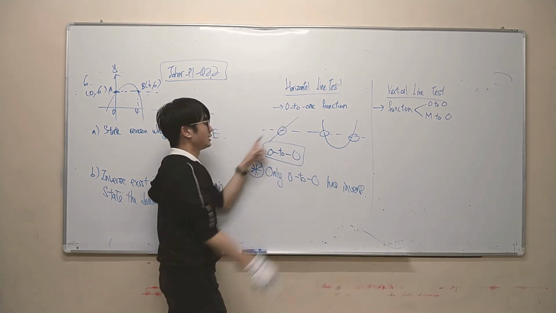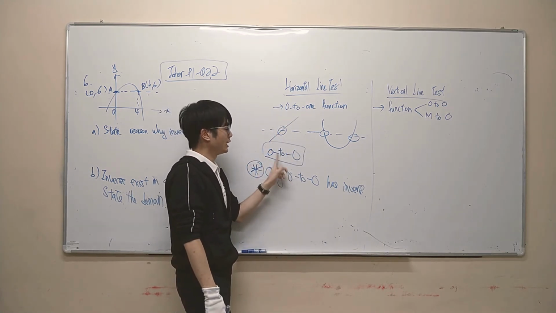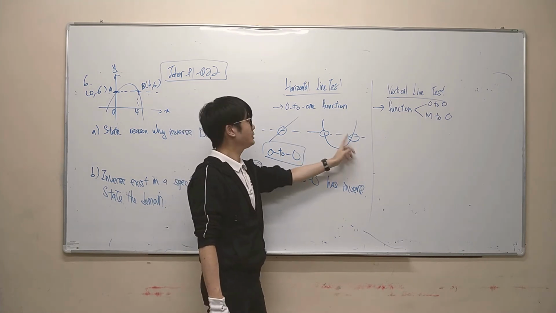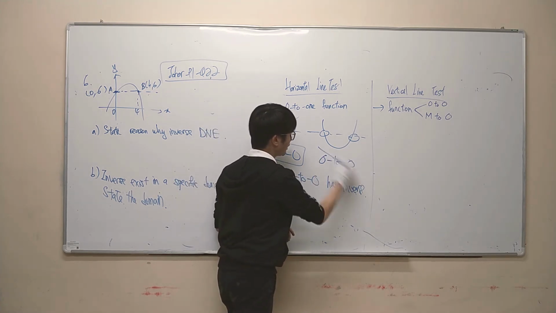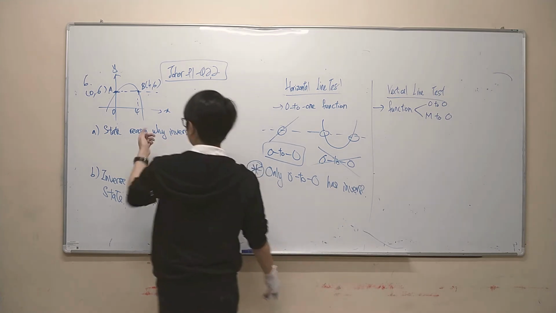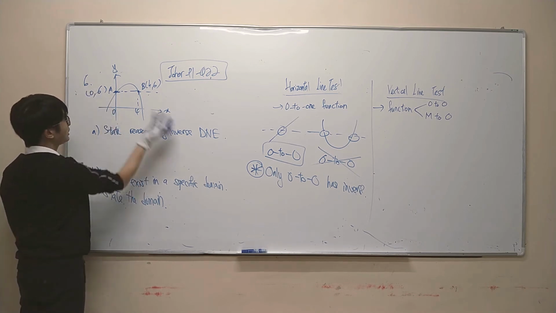So if you test and there is only one intersection point, it's a one-to-one, and if it's a one-to-one, it has an inverse. If there are 2 intersection points, it's not a one-to-one, so it doesn't have an inverse. So look here: state the reason why the inverse does not exist. Why does it not exist?